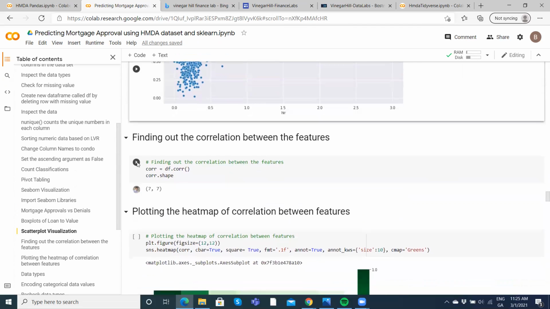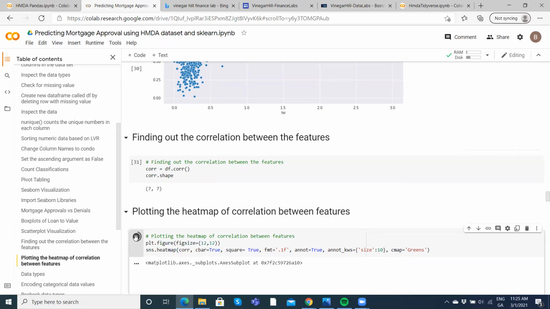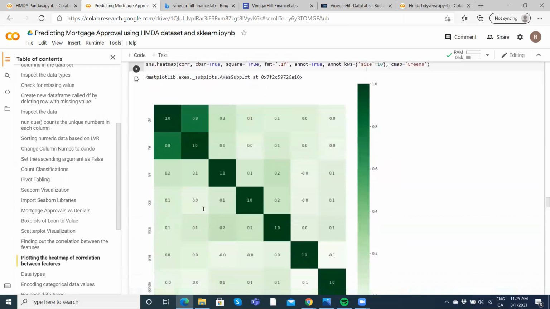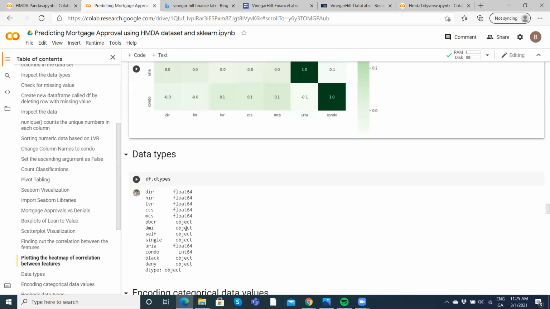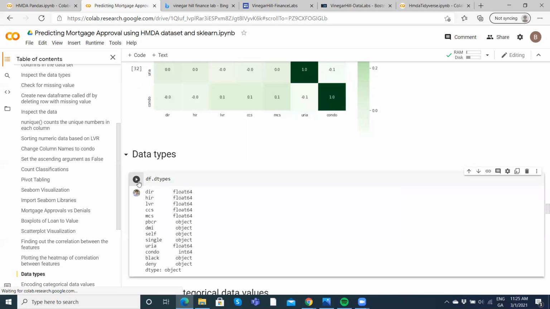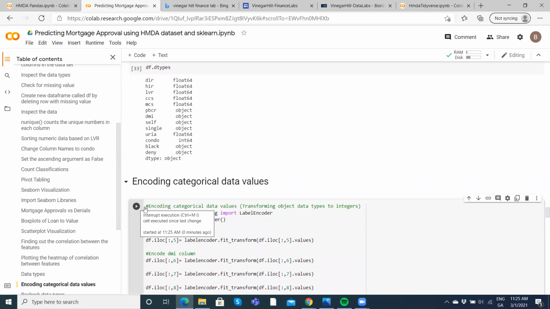We could write out a correlation report and look at the size. Now we had 13 variables, but we're only getting 7. We have to make a change to our data. The problem is we have to change these objects into other types of variables. So we're going to encode them as categorical variables, right?